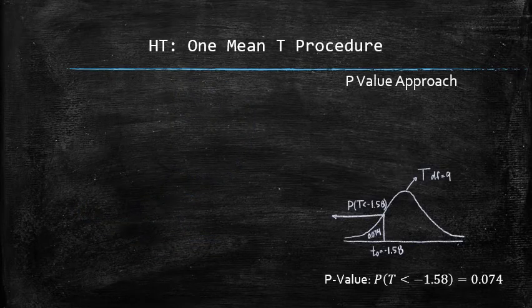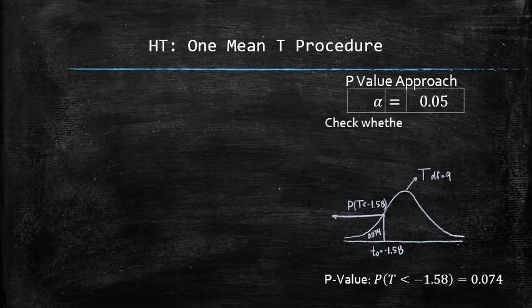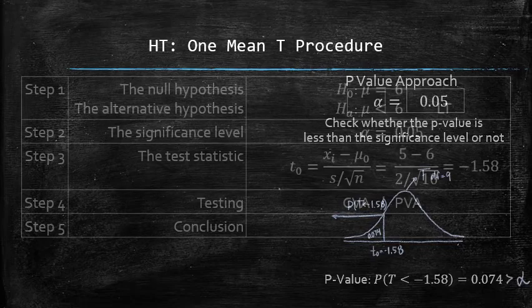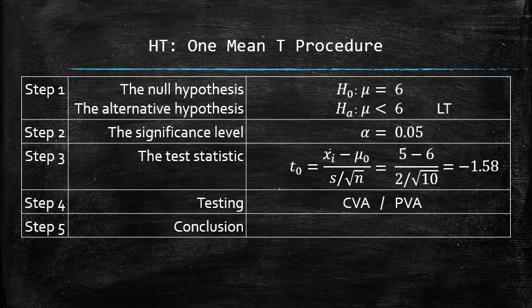In the p-value approach, we must check whether the p-value is less than the significance level or not. Our p-value is 0.074, and it is greater than alpha. Both tests suggest that we do not reject the null hypothesis in favor of the alternative.